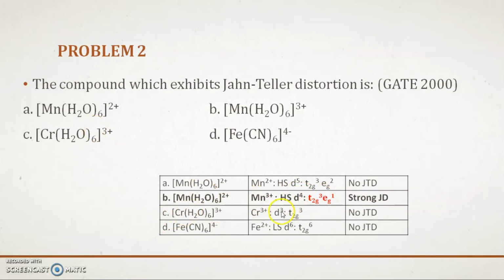Chromium 3+ is d3, so t2g3. Iron in 2+ oxidation state is d6, and here cyanide ligands are present, so this will lead to a low spin complex, so t2g6. Here we understand again that only in the case of Mn3+ is the electron distribution unsymmetrical in the Eg set. So the answer is B.